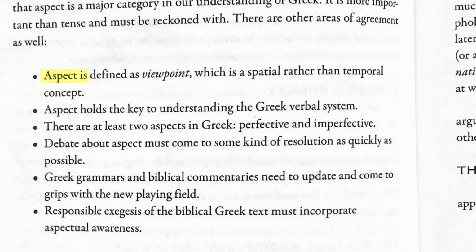Campbell's first point is that aspect is defined as viewpoint, which is a spatial rather than temporal concept. We have already cited copious works from linguistics to show that this is not how linguists define the term. The fact that this is an area of agreement within studies on aspect in the New Testament shows that the authors surveyed disagree with the field of linguistics.